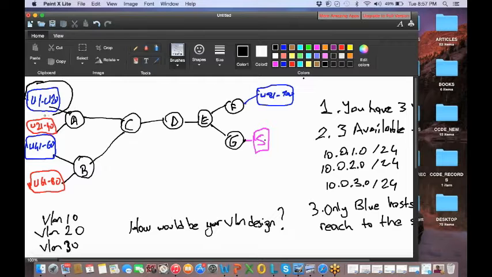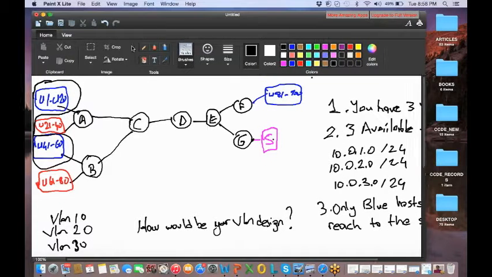Now, how would I draw? I don't know, but think like this. Okay, we are now grouping the blue users into only one box.